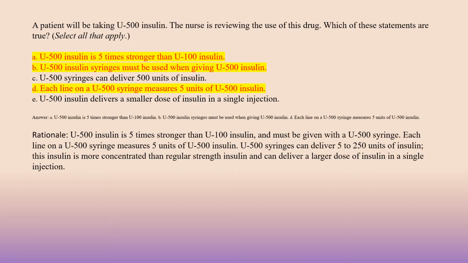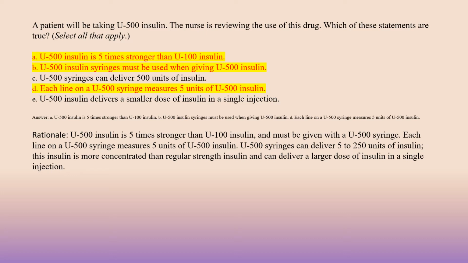Answer: A. U-500 insulin is 5 times stronger than U-100 insulin. B. U-500 insulin syringes must be used when giving U-500 insulin. D. Each line on a U-500 syringe measures 5 units of U-500 insulin.